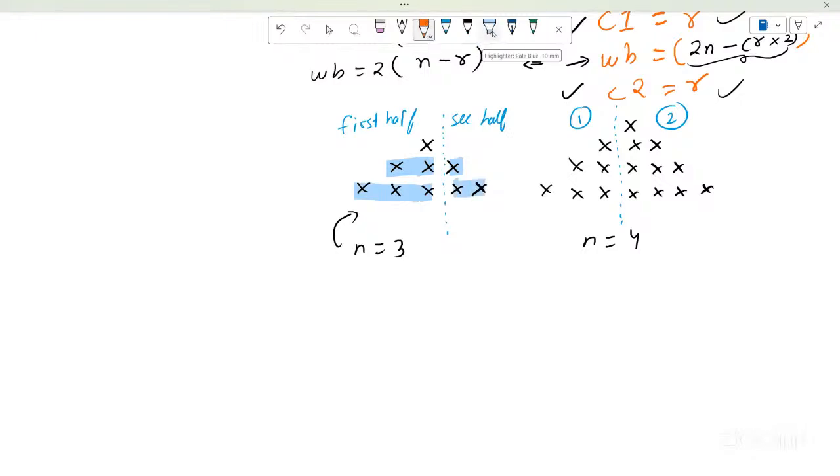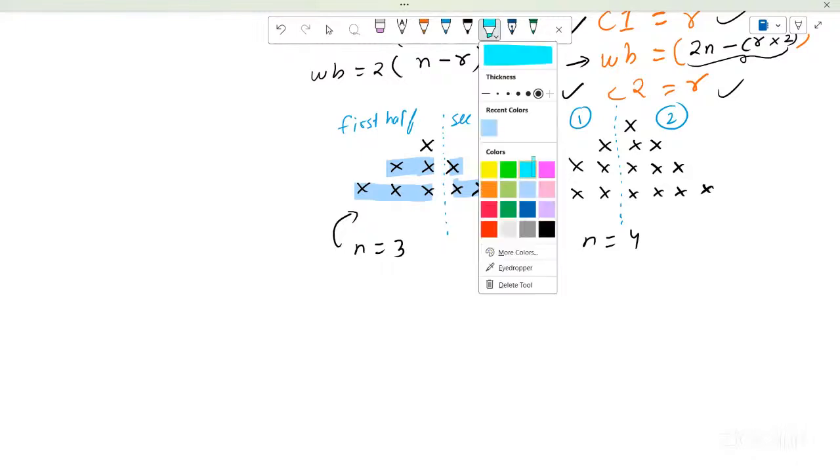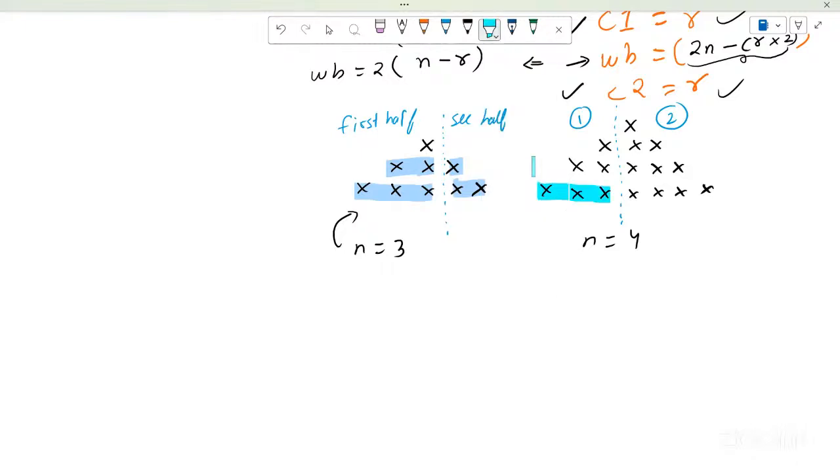If you divide it in the second way, the second half will have more columns, right? So we'll establish the relationship for this particular part, approach 1. You can also give it a shot for the second one.